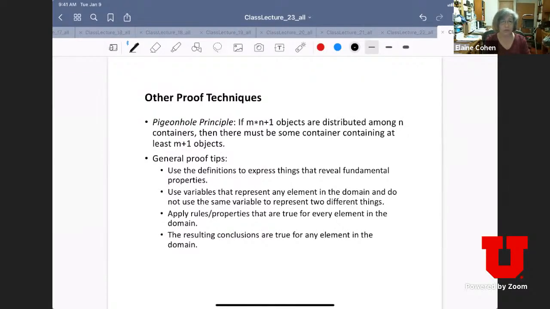You apply rules and properties that are true for every element in the domain. Remember, in our induction proof there, our domain started with m equal 4, integers bigger than or equal to 4. It wasn't all the integers. It wasn't all the positive integers. So be careful to use the correct domain. Finally, in that case, the resulting conclusions are true for any element in the domain, and you've done a proof.